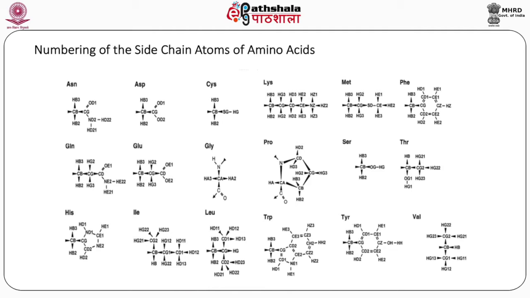We have serine, in which we have Cb, which has Hb2 and Hb3, and this has a hydroxyl group OG and Hg.